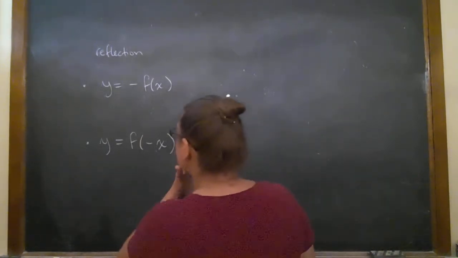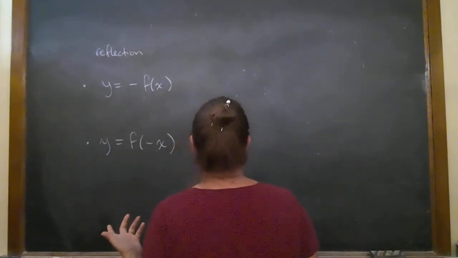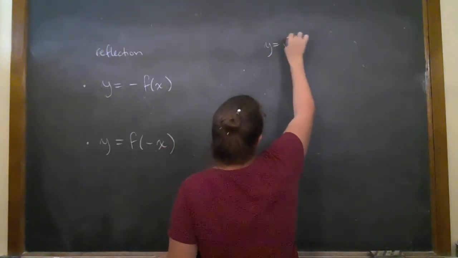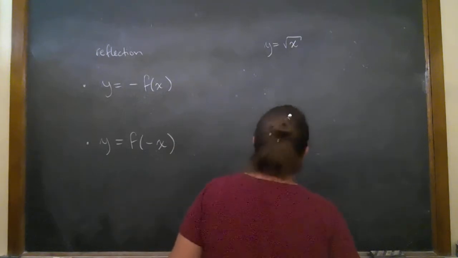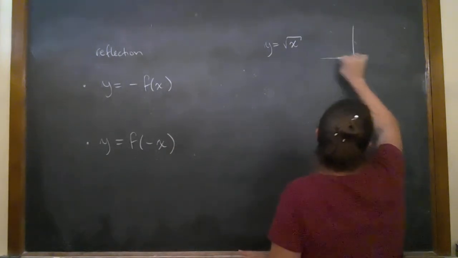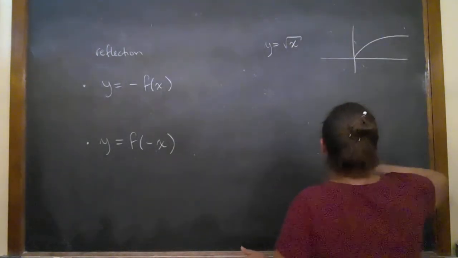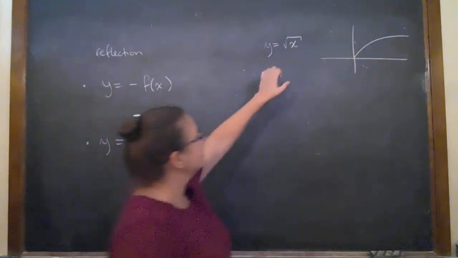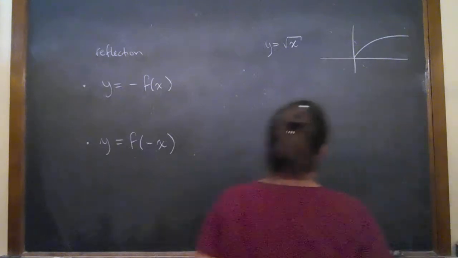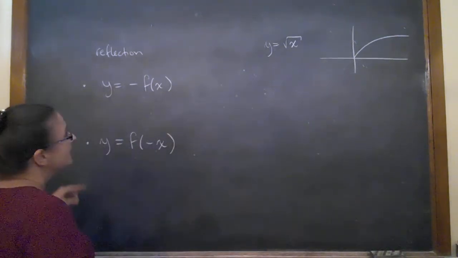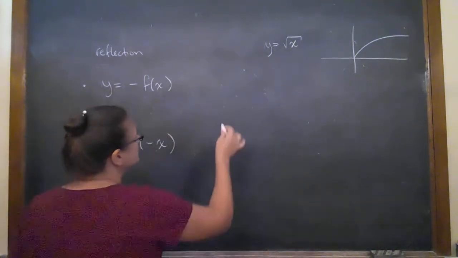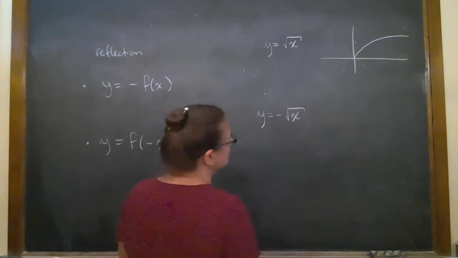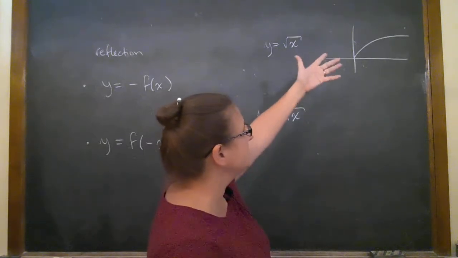For my example here, because I need an example that works for everything, I'm just going to do y equals square root of x. Right? Useful because this doesn't make sense over here, because I can't take the square root of a negative number. So my natural domain here is going to be over here, the positives. Now, if I put a minus, that means the x's don't change, but all the y's become the negative y's.